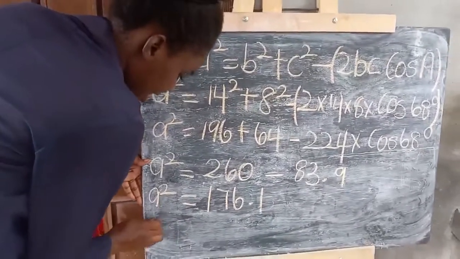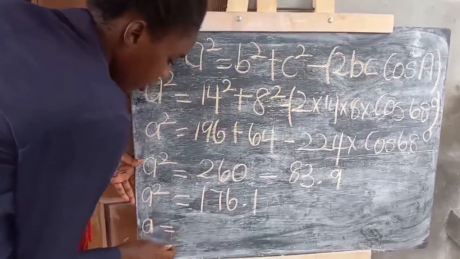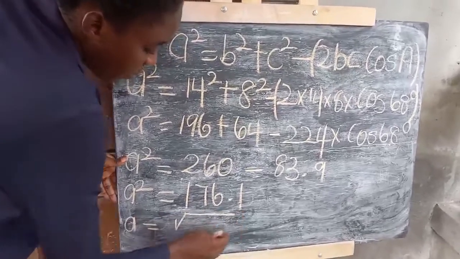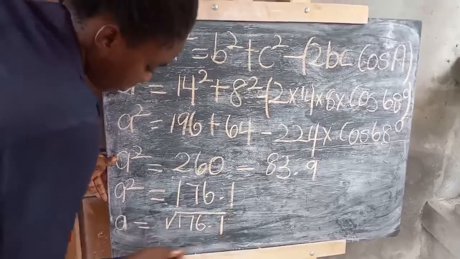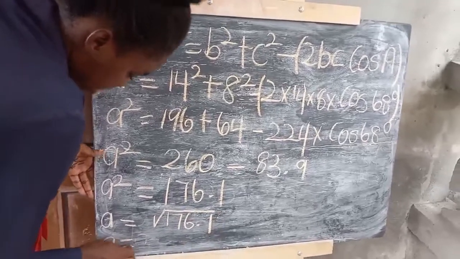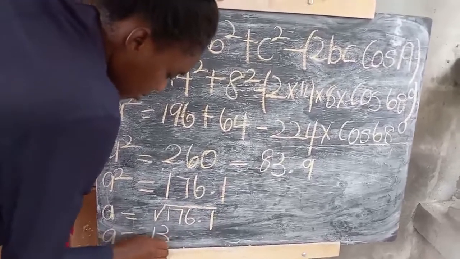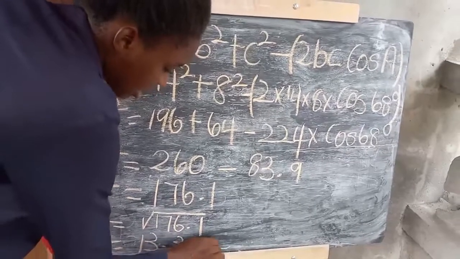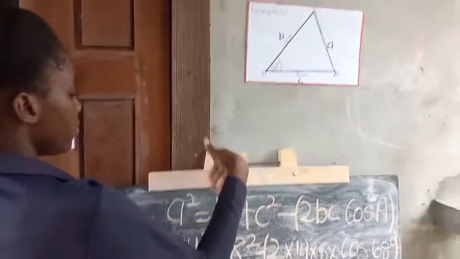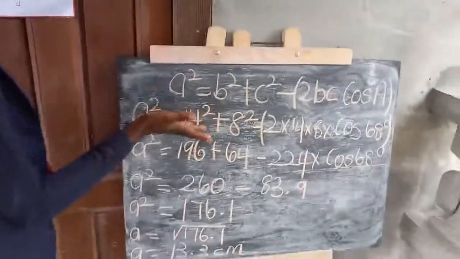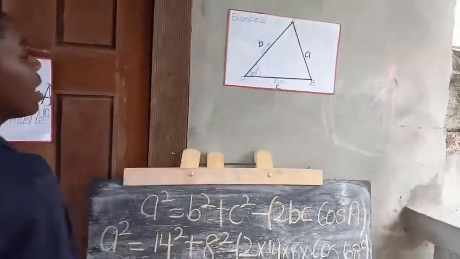Since we want to find a, we have to find the square root on the opposite side, which is going to be the square root of 176.1. And a is going to equal 13.3 centimeters. Okay? So this is how we use our formula to find our missing side.